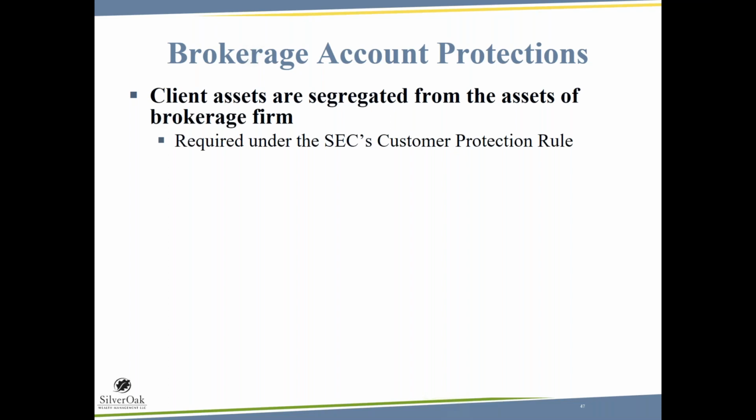So before we get into SIPC, the first note to make, though, is that clients' assets at brokerage accounts are segregated from the assets of the brokerage firm itself. So there is a protection there that if there is a brokerage firm that has financial challenges, that clients' assets are segregated from that firm's assets. And that is a requirement under the SEC's consumer protection rule.